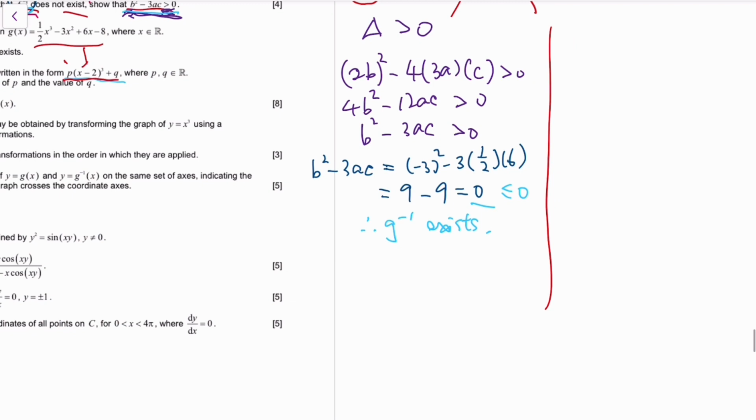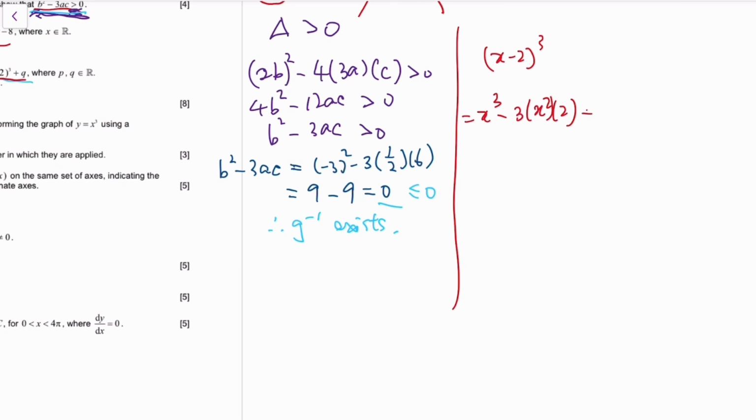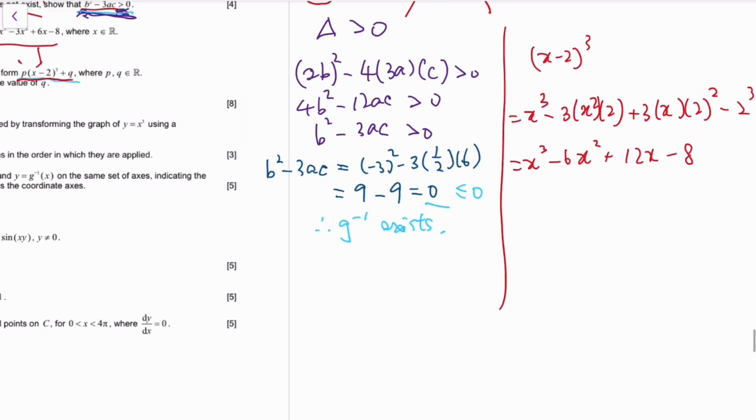So let's expand (x minus 2) cubed. We know the binomial expansion, so it shouldn't be hard. x cubed minus 3 times 2 x squared plus 3x times 2 squared minus 2 cubed. So this is x cubed minus 6x squared plus 12x minus 8.